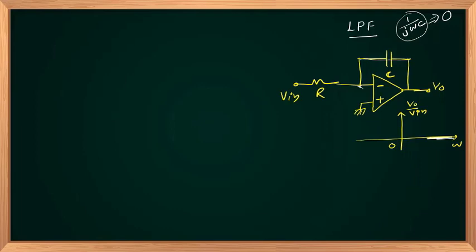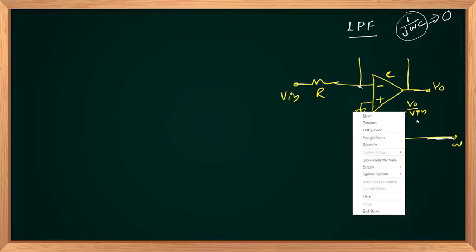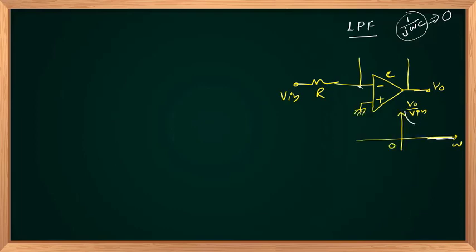And as omega tends to 0, at very low frequencies, ideally at 0, the capacitor is open circuited and your V out upon V in is extremely large, or the output of the Opamp is saturated. So at omega equal to 0, V out by V in is extremely large.